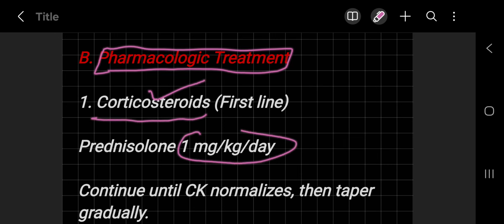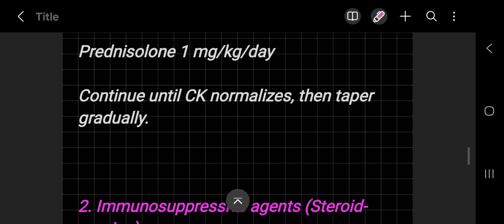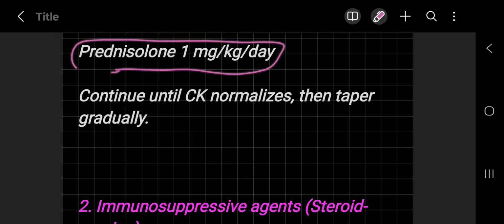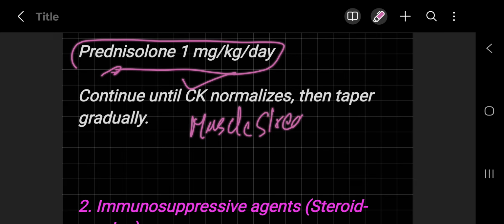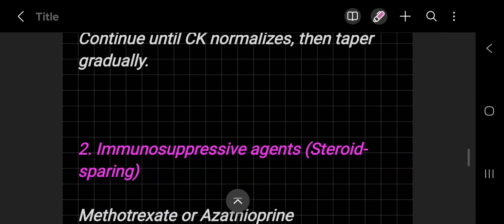Prednisone is given as 1 mg per kg per day, and it is then tapered according to the response. You should monitor creatine kinase levels and also patient strength, and accordingly you should taper this prednisone according to the creatine kinase levels and according to the muscle strength.